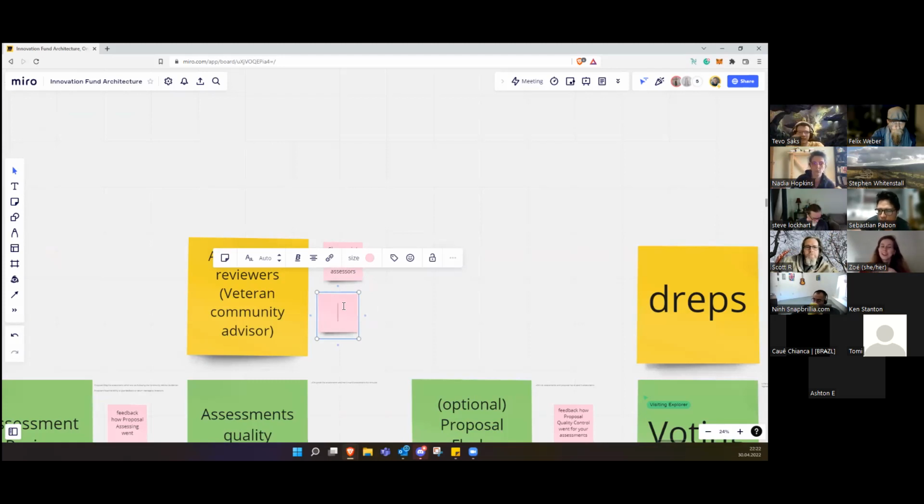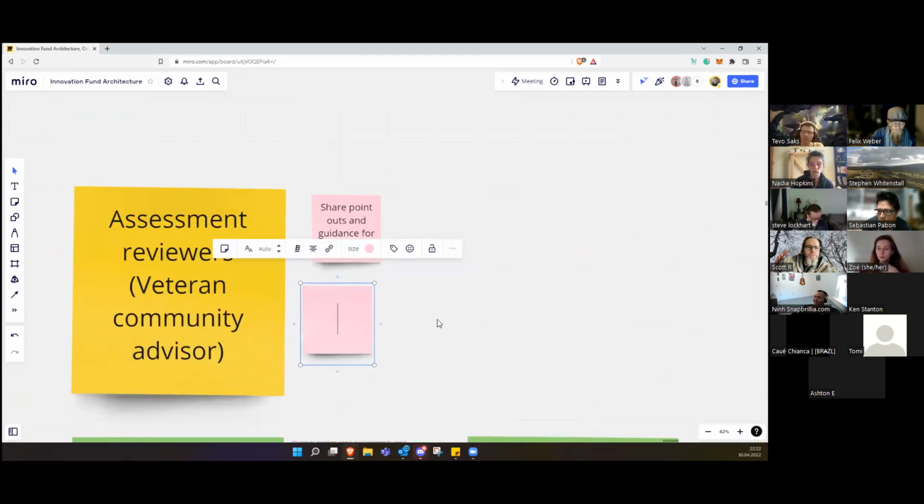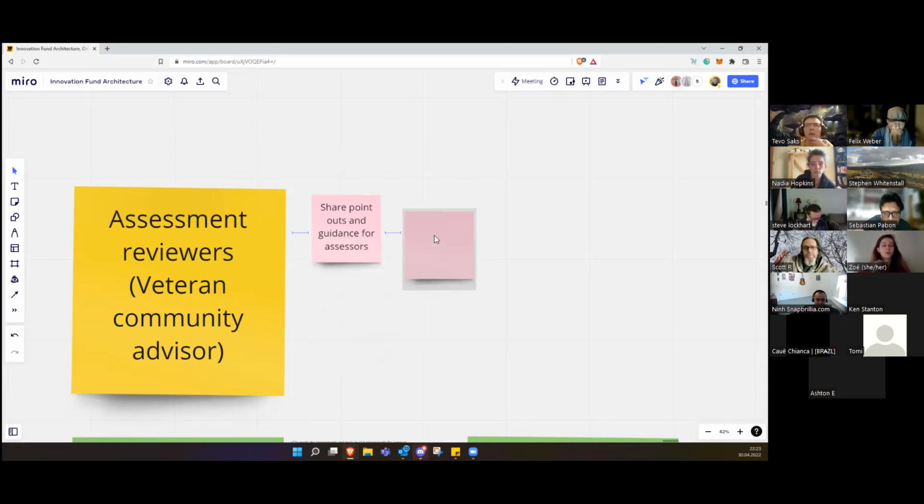Depends if the VCAs actually provide any input on why they filtered out instead of just leaving it blank. So if they follow the guidelines all the way through and actually do provide the optional feedback, then yes, potentially. Okay, and that would cover the pink one.